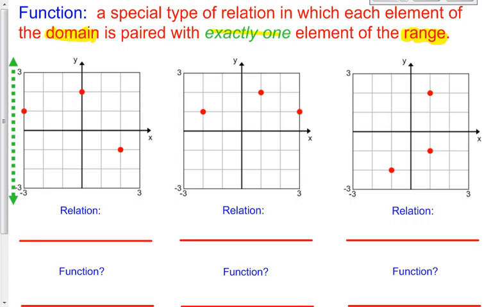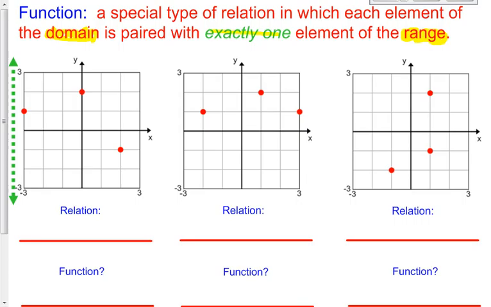There's linear functions, quadratic functions, polynomial functions, cubic functions, a whole variety of functions. That's what we talk about in math. So let's understand this definition that I believe you have had before. A function is a special type of relation in which each element of the domain is paired with exactly one element of the range. It sounds kind of confusing at first.